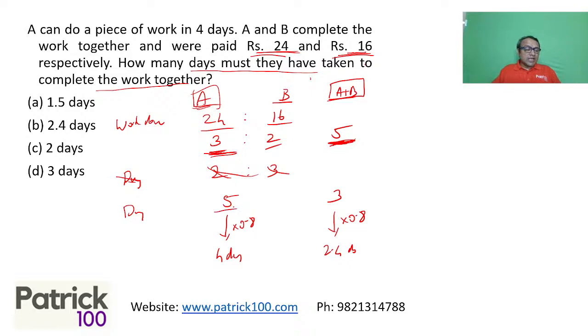The ratio of days taken is 5 is to 3. So we know 5 is nothing but 4 days. So 3 is how much? 0.8 times. You will get the answer as 2.4 days. That will be the answer for this. Right? Hope it's clear.